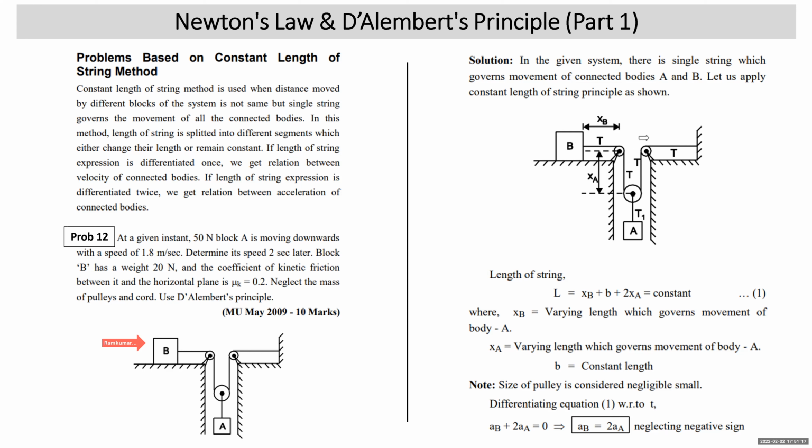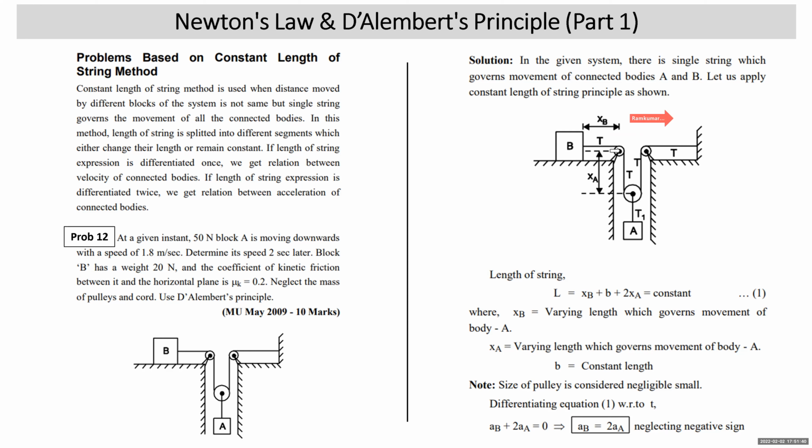The distance between the center of this pulley and this vertical plane will not change. Let the distance between the center of this pulley and block B be XB, because this length will change and on this side we have block B. So this length governs the movement of block B.